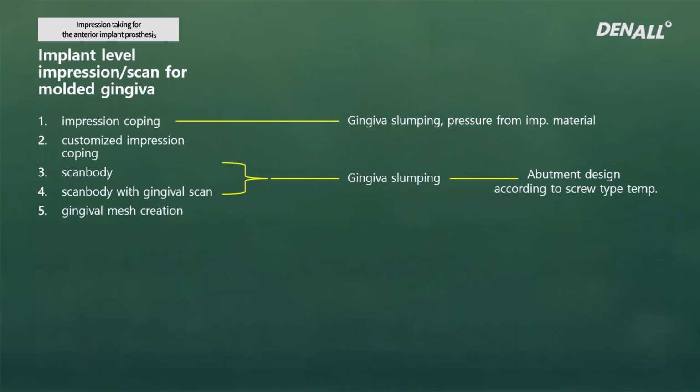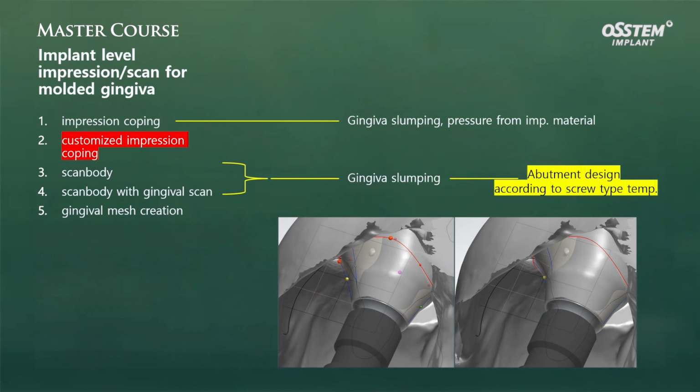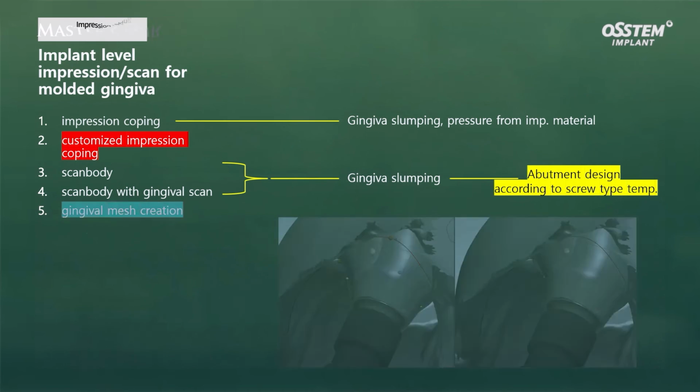So again, if we narrow it down to impression, gingiva sloping happens internally, and if you create the abutment as is, it can become narrow. So copying the temporary exterior form using the number 2 approach would be the principle, but with the help of digital technology, even using the number 3 or 4 approach, the screw type can be taken into consideration in the overall design.